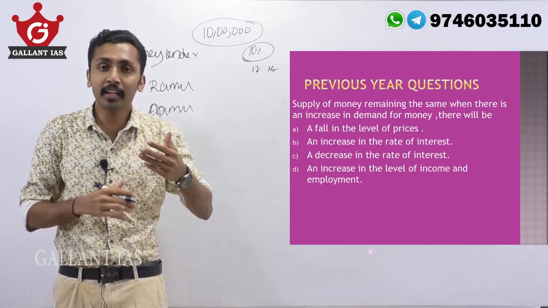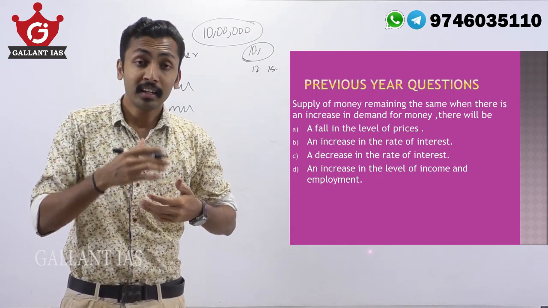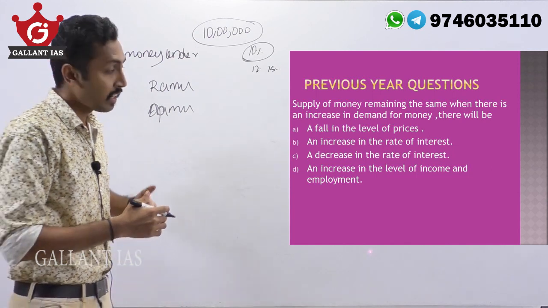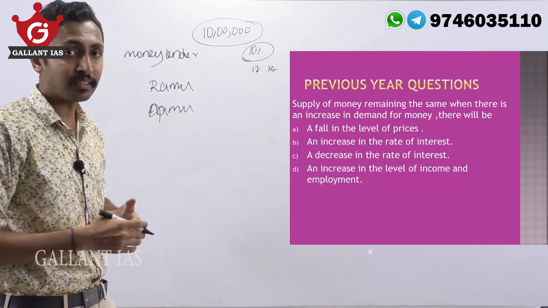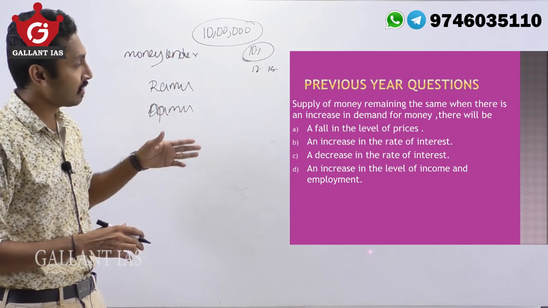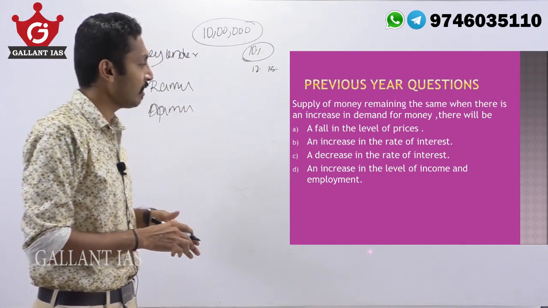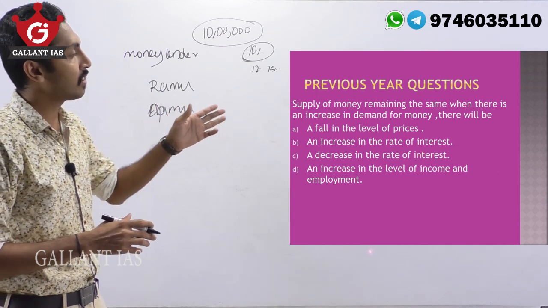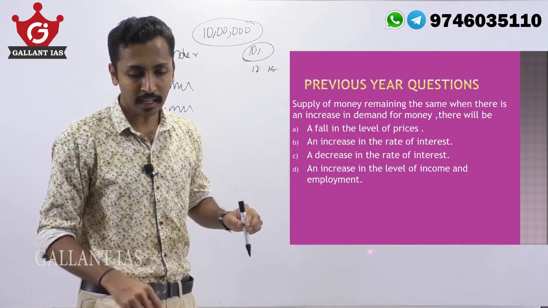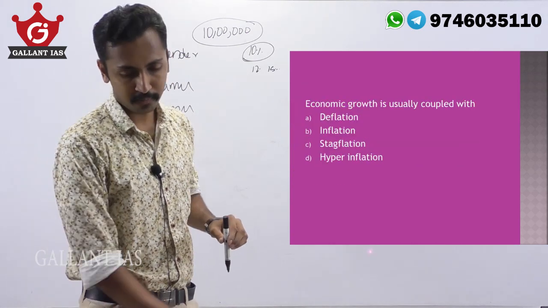When demand for money increases, the rate of interest increases. So here the answer is an increase in the demand for money will lead to increase in the rate of interest. So the answer is option B.